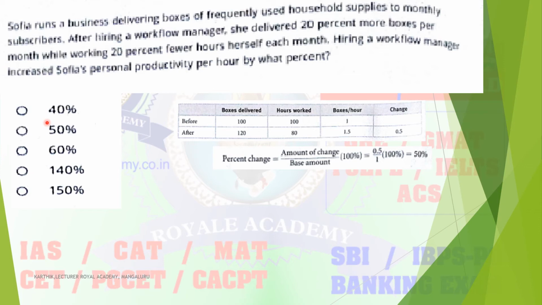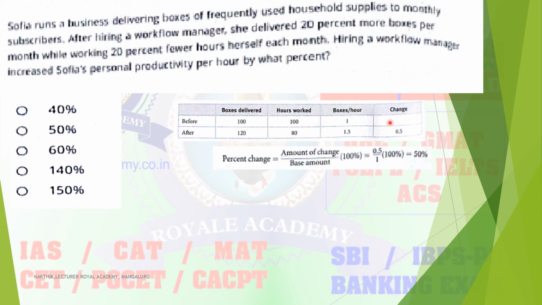So I hope all of you understood this type of problem. Sophia runs a business delivering boxes. Before that there is no workflow manager. So boxes delivered to subscribers is 100. For a percentage problem you directly take the value as 100, and hours required is also 100.